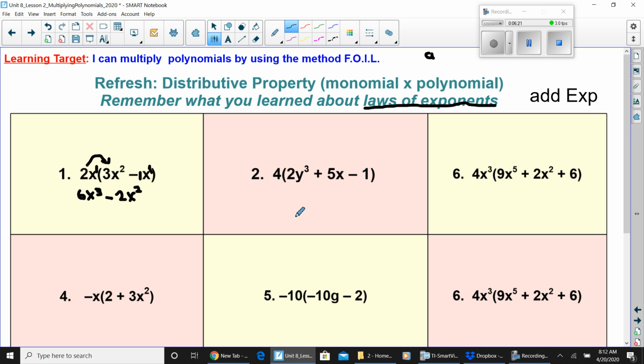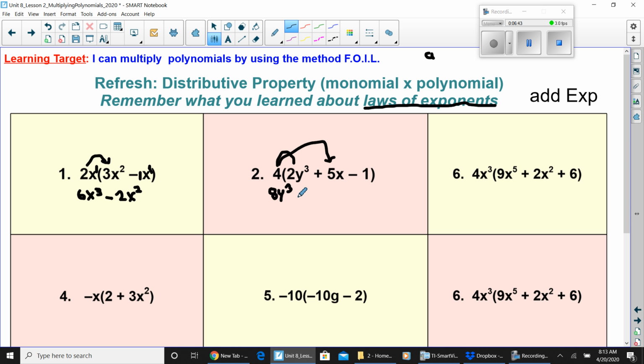Again, distributive property. So you have 4 times 2y to the third. In my head, I'm doing 4 times 2 first, so I get that 8. I just bring the y to the third down. Four times 5x.